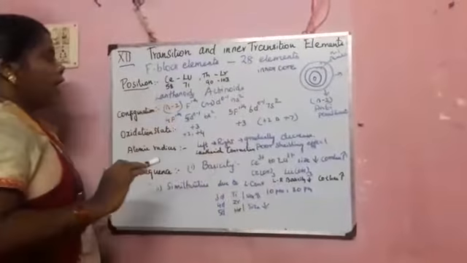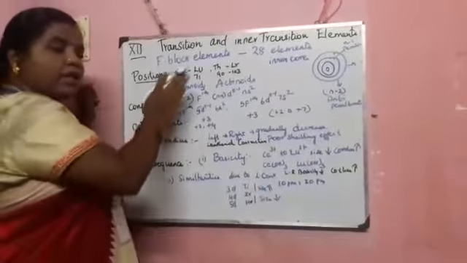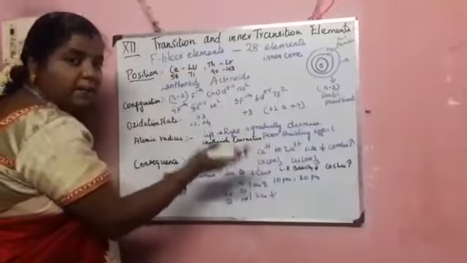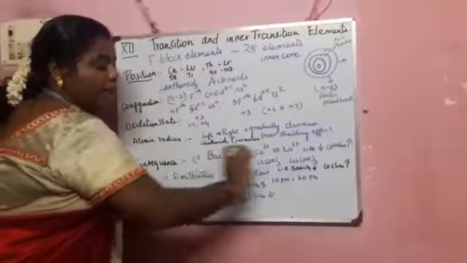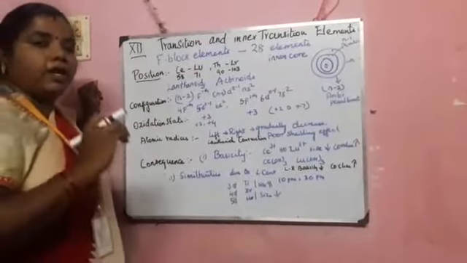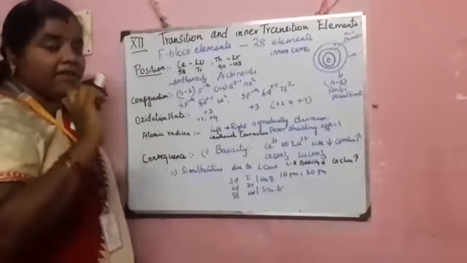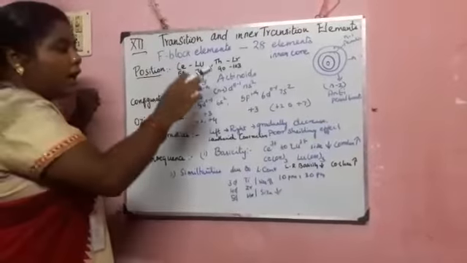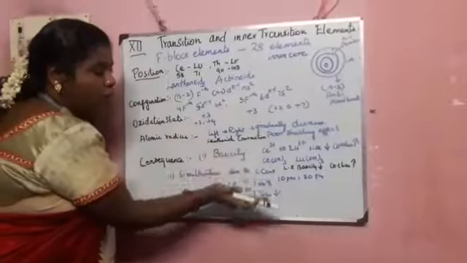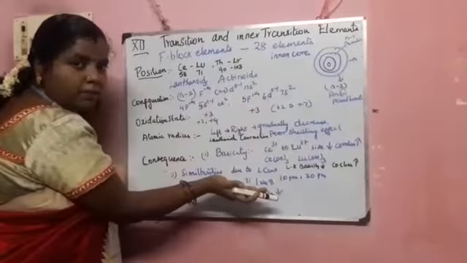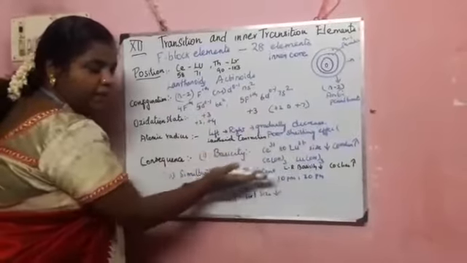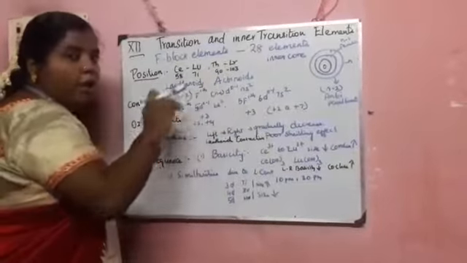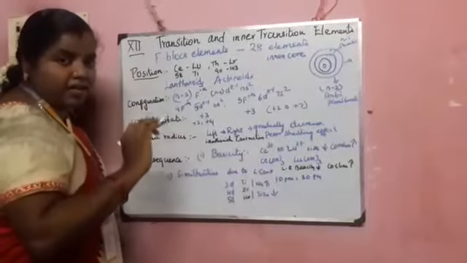The F block elements are placed separately, down at the bottom of the periodic table, in 2 rows. We know the periodic table has 7 periods, and these elements sit at the lower end as a continuity of the D block elements, which is why they are called inner transition elements.